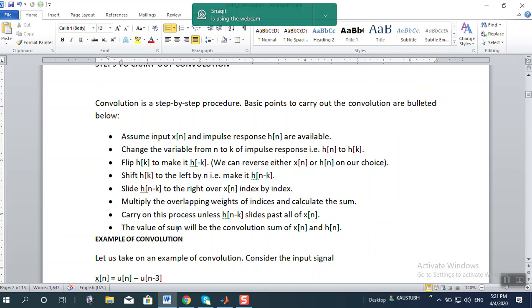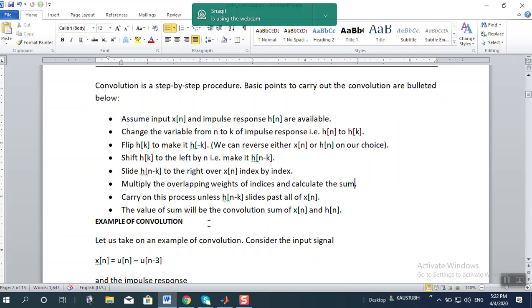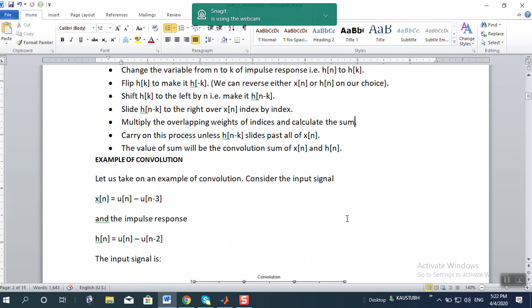Carry out this process, and after each multiplication you should calculate the total sum. Then carry on this process till h of n minus k slides past all of x of n. The values of the sum will be the convolution sum of x of n and h of n.